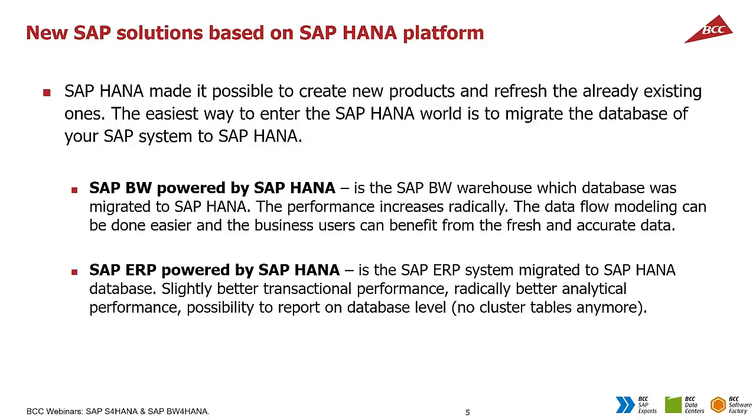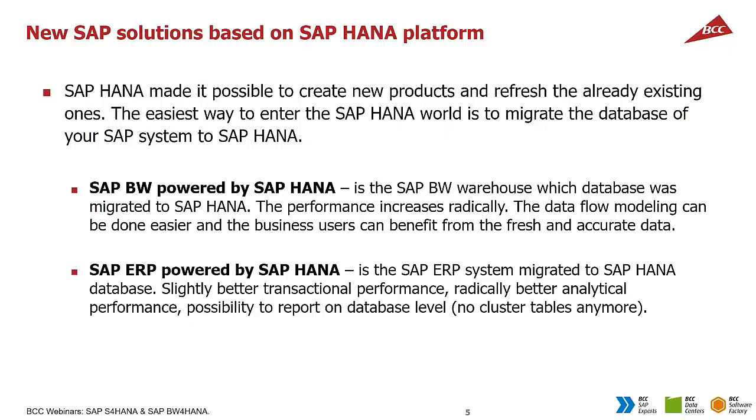And you have some new possibilities, for example, to report on database level, because when an SAP ERP system is migrated to the SAP HANA platform, the cluster tables disappear, and so these encoded tables that were difficult to access on the database level are gone, and you can report on database level when you migrate to SAP ERP powered by SAP HANA.